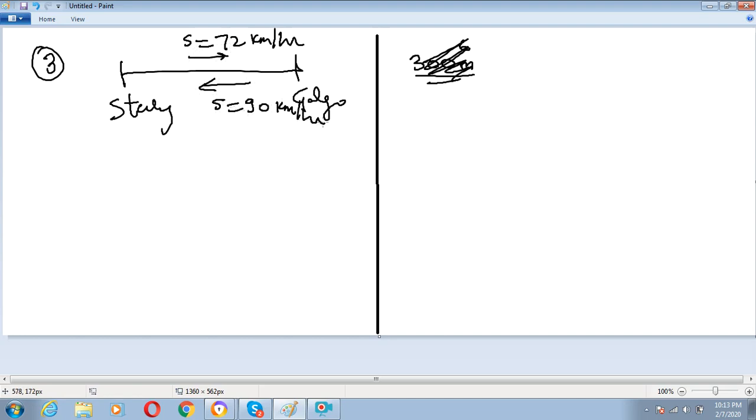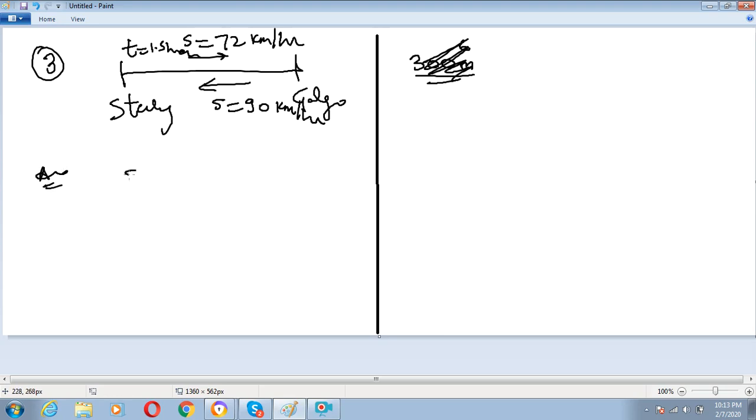How long did the salesman take to reach Sterling? In the first part of the journey, time is also given, 1.5 hours. So there are two parts of the journey, going and coming.